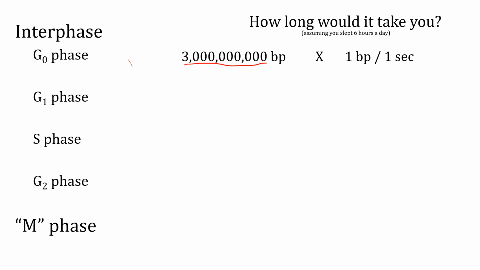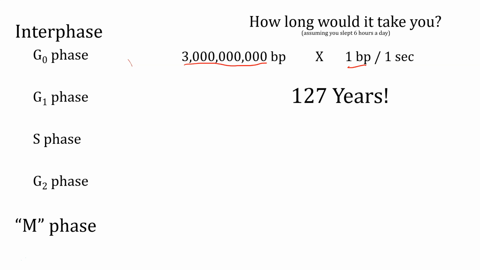And if we were able to copy one base pair for every 1 second, you've got 3 billion base pairs long, and you're just going through, and each place where you see an A, you write down a T, and every place where you see a G, you write down a C. You've got a template strand, one single strand of DNA, and you're copying letter per letter per letter.